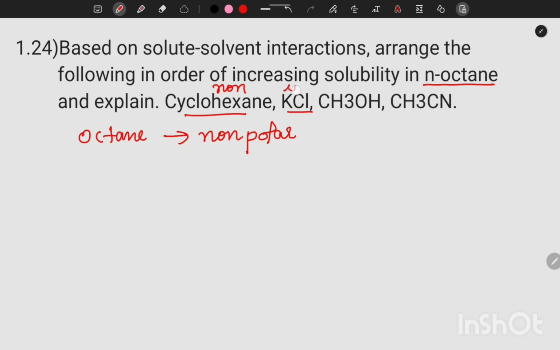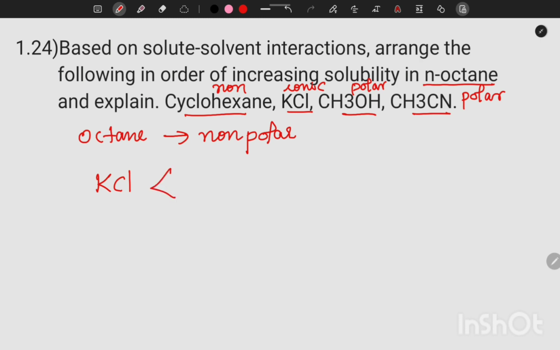Cyclohexane is non-polar. KCl solid is ionic. CH3OH is polar and CH3CN is also polar. So according to this, ionic solids are least soluble in non-polar solvents. So KCl has the least solubility.